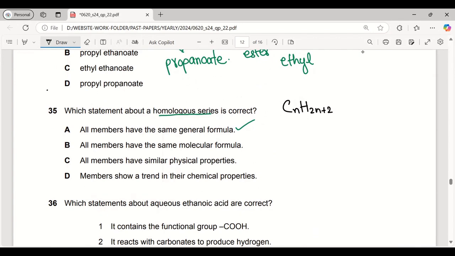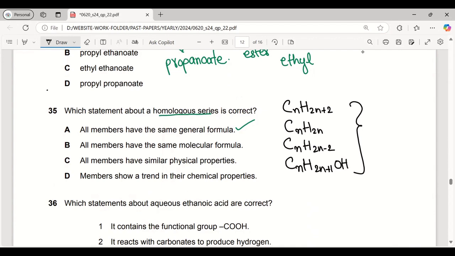If they are from the alkenes family, then all of them have the same general formula CnH2n. If they are from the alkynes family, then CnH2n-2. If they are from the alcohol family, then CnH2n+1OH. So if the compounds belong to the same homologous series, they all will have the same general formula, where n is the number of carbon atoms.